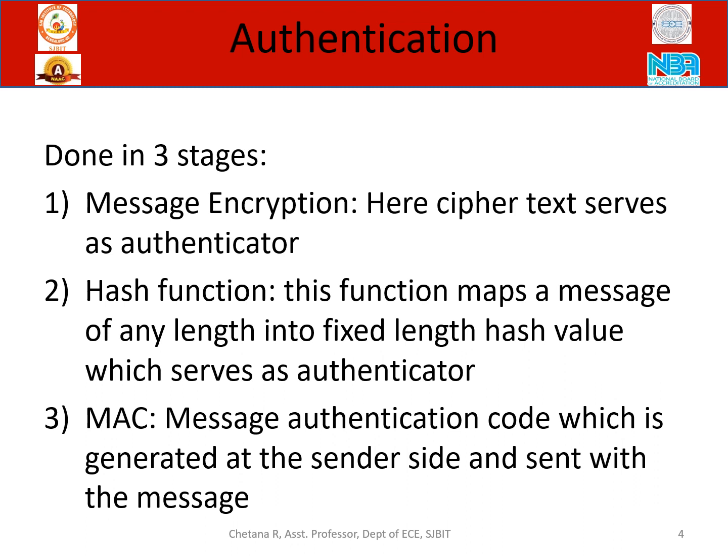Next we make use of the hash function. This function maps a message of any length into a fixed-length hash value, which serves as the authenticator. Whatever the length of the message, it is converted into a fixed length, called the hash value.